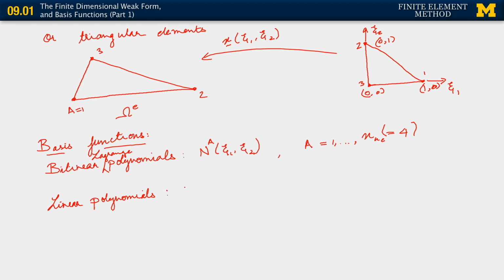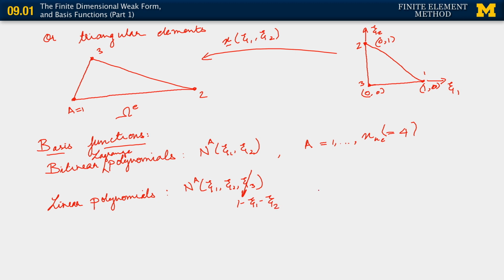So the linear polynomials would again be written as NA, parameterized now by C1, C2, and remember the way that these things are written, often using area coordinates, we would include a C3, okay? And we remember that C3 is defined in the case of triangles as 1 minus C1 minus C2, right?